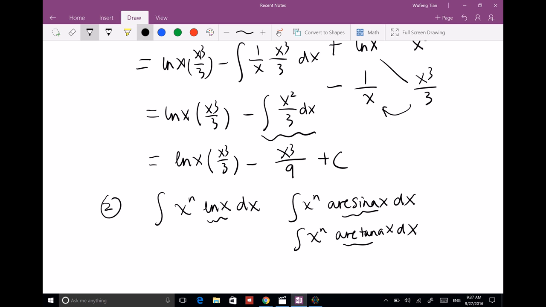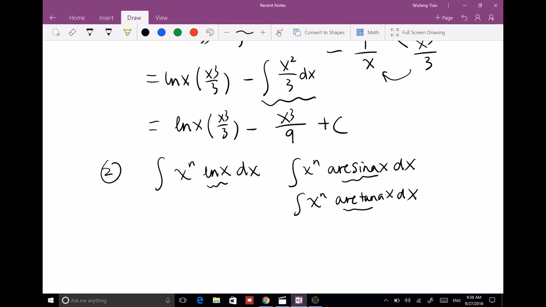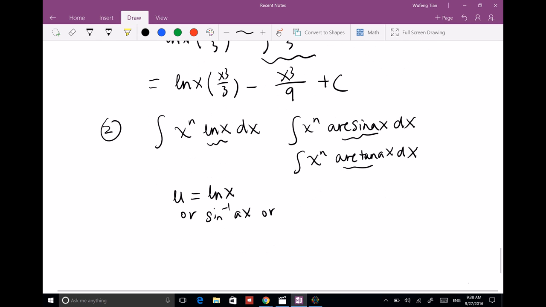You can find the derivative of arctangent, but not the antiderivative. So in this case, normally you just let u equal ln x, or sine inverse, or tangent inverse, which is arcsine, arctangent. And you let dv equal x power n, then you can solve for v here. This is what you do for the second type of integrals.